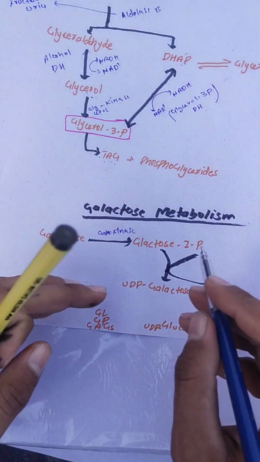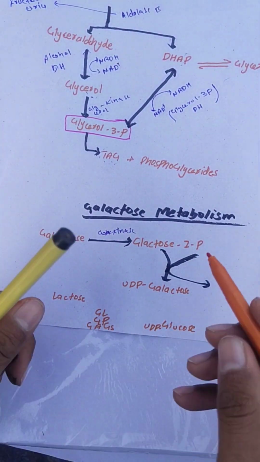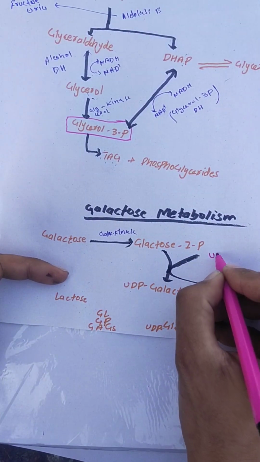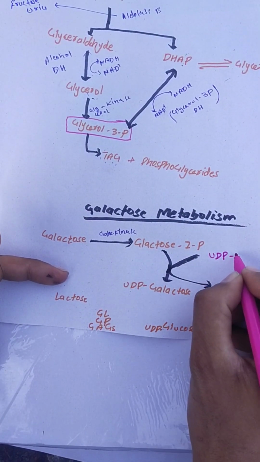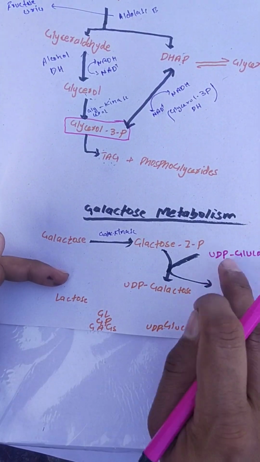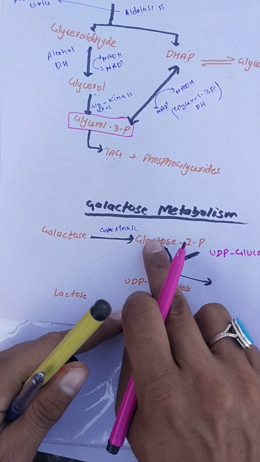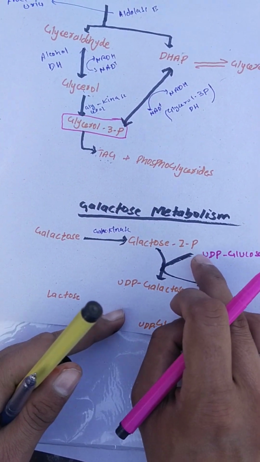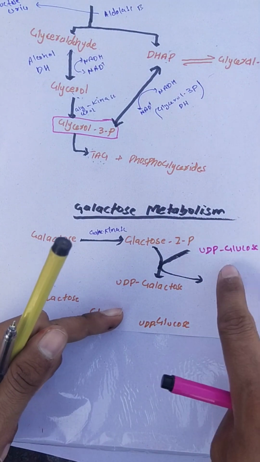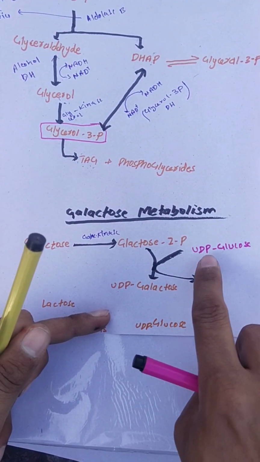How? We have here something else, which is called UDP-glucose. So UDP-glucose gives this UDP to galactose, and in exchange for UDP it gets phosphate. So galactose gives phosphate and glucose gives UDP.